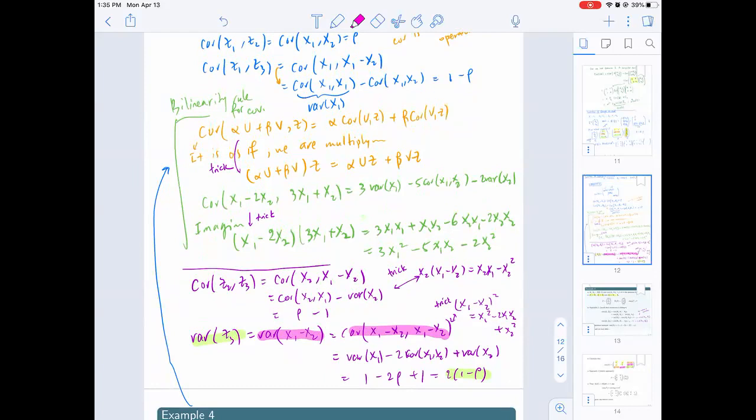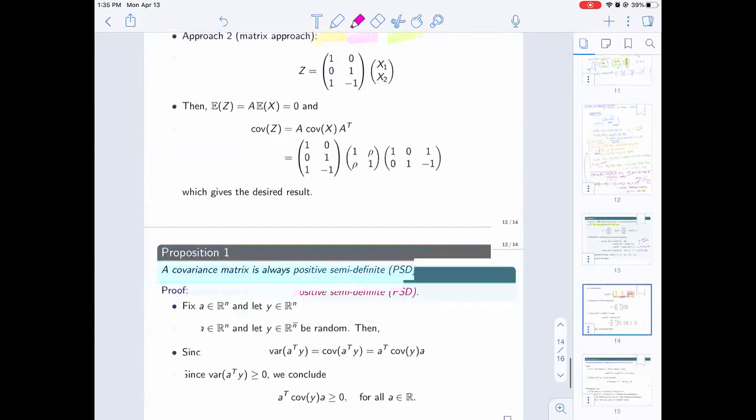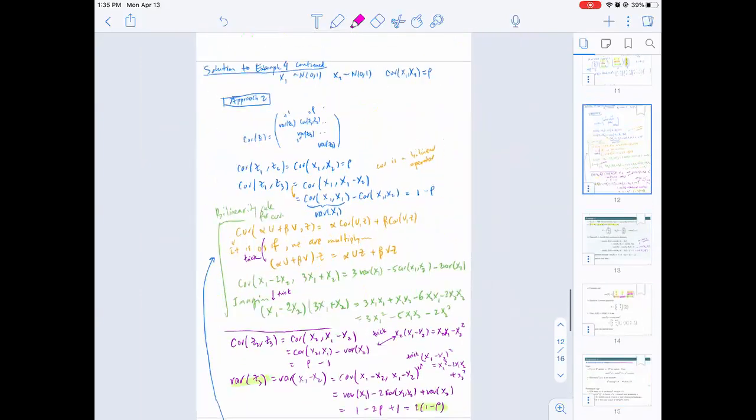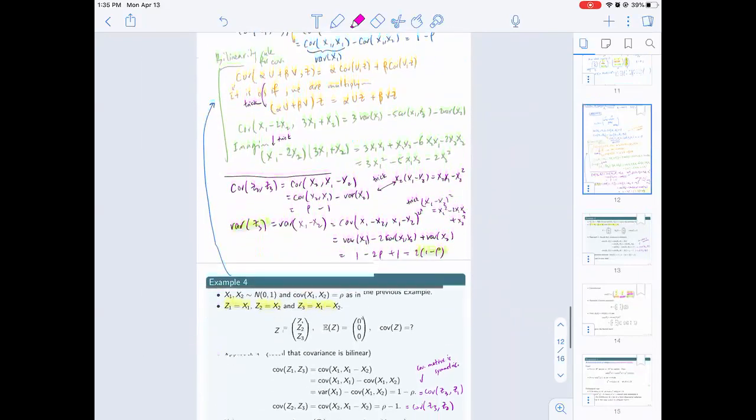If you compute the covariance of some linear combination with another, different linear combination, then you could have variances appear with negative coefficients. That's fine. Other questions? Thank you. That was a good catch. Anything about this or this?